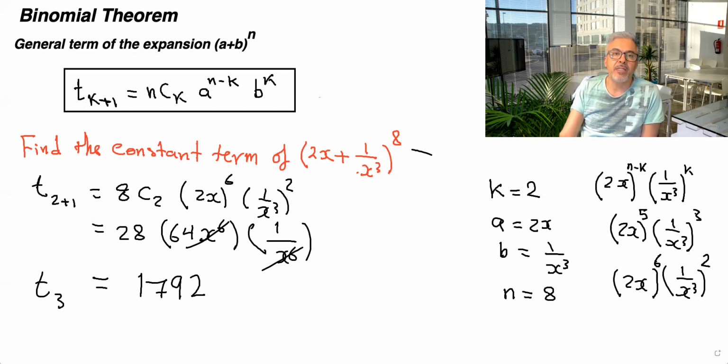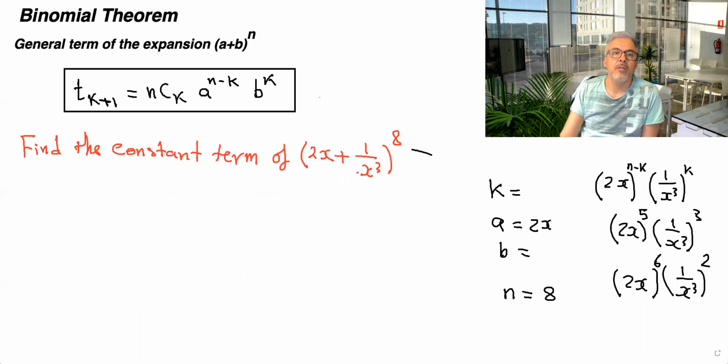The other approach is you write b as x to the negative 3. Okay. Now you plug in things in the expansion there.